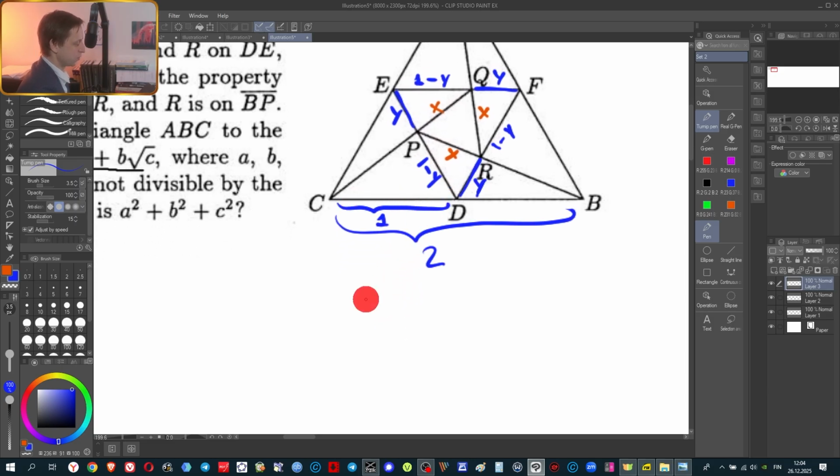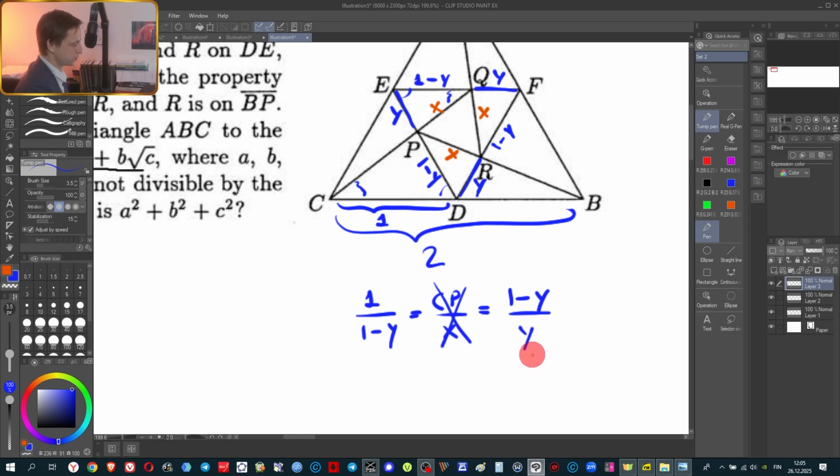So let's start from the big triangle to the small triangle: 1 minus y equals, so this angle is 60, and therefore this one is also 60, CP over x, so CP is unknown, so probably we will not use this one, equals this one and this one, PD, which is 1 minus y, over y.